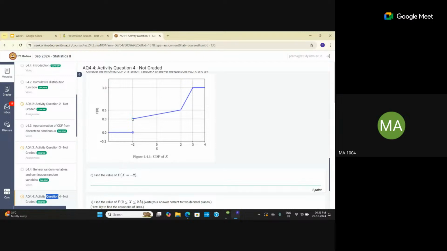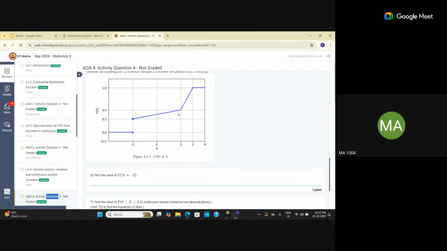So what will be the coordinates for this point? Is my pointer visible? Yes, ma'am. -2 comma 0.3.